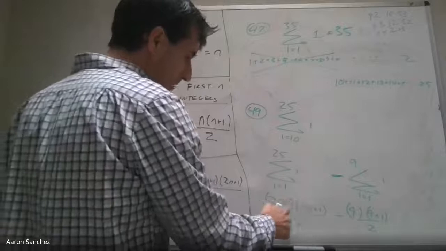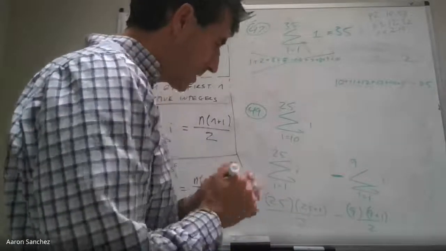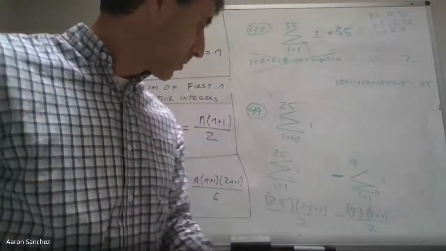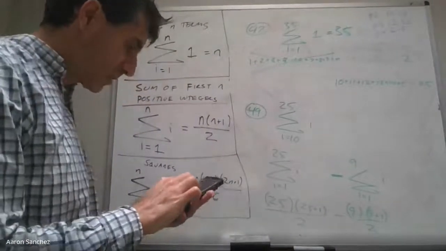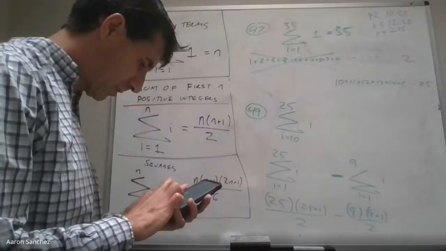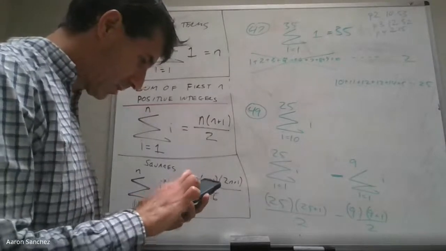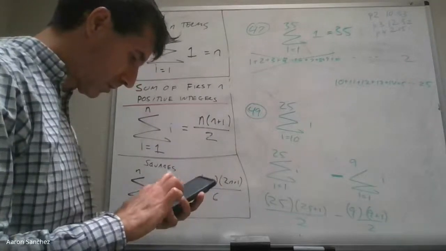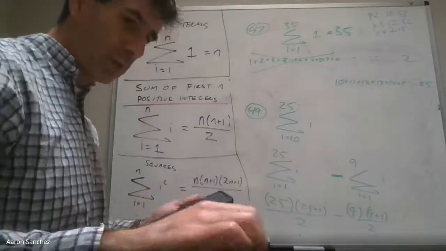Anyway, 26 times 25 divided by 2, I needed my calculator for that. 325.